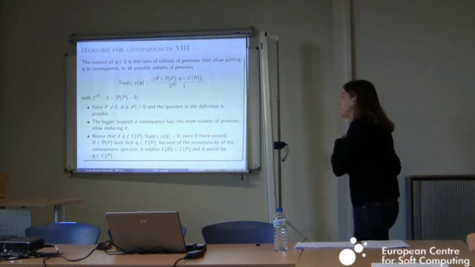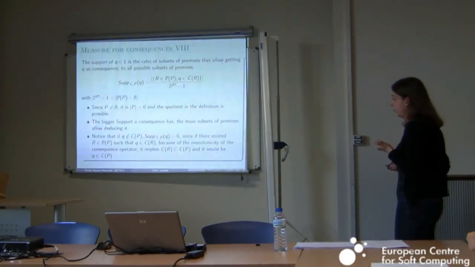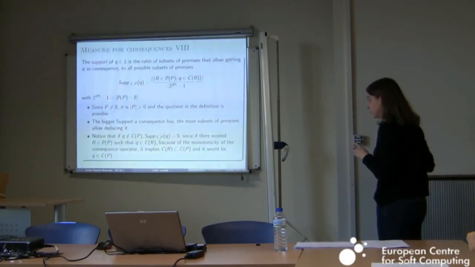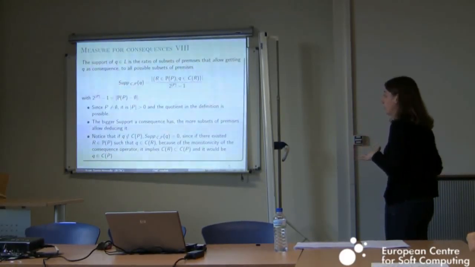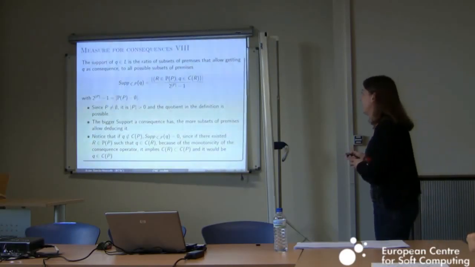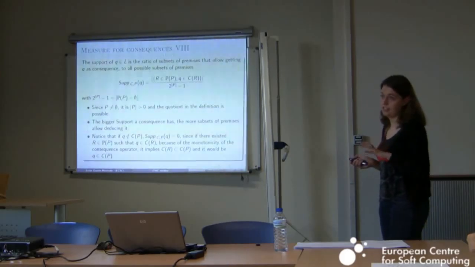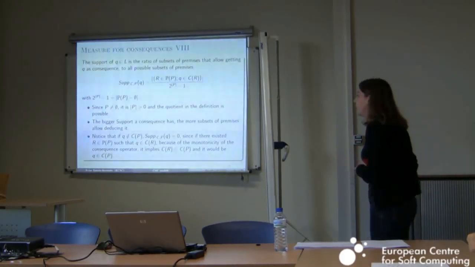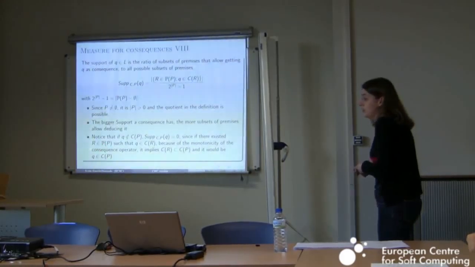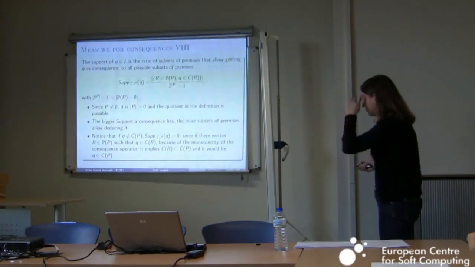And notice that if Q is not a consequence of P, the support will be 0. Well, I didn't say that, but the operator C here has to be a partial operator of consequence. So there doesn't exist any subset of premises allowing to deduce Q.